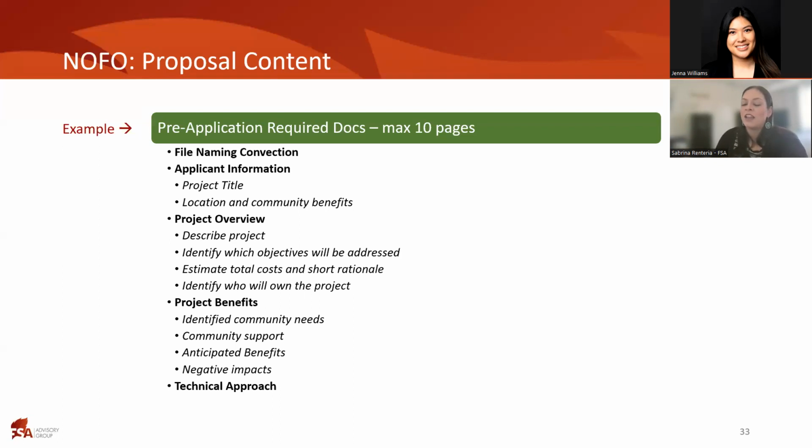So again, be mindful of that verbiage. And you're going to describe your project, identify which objectives you're going to address, making sure that you discuss the purpose and the goals, what problem you're solving, right? Grants are meant to solve problems. So what is it you are solving in your area?